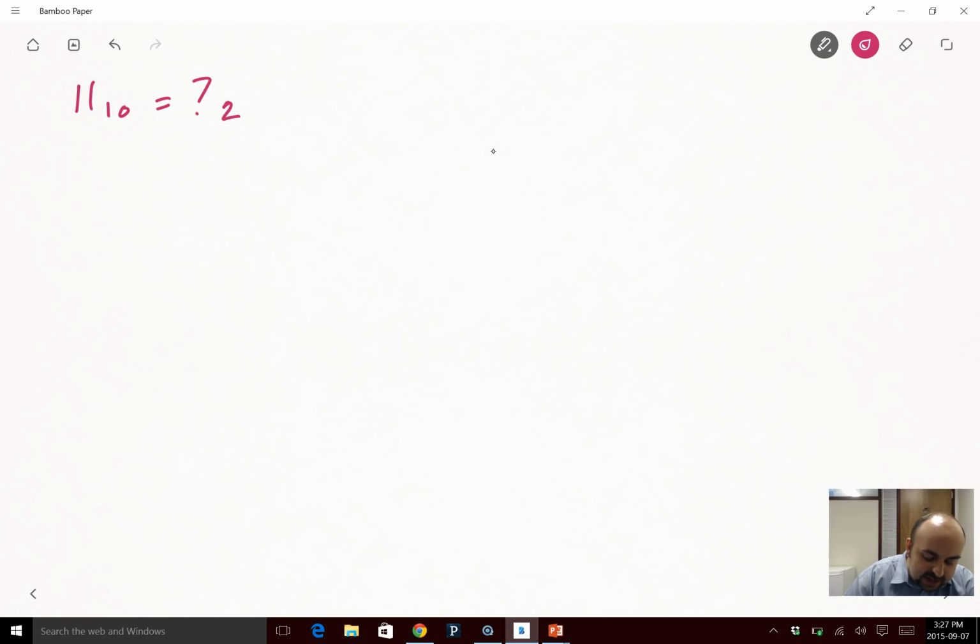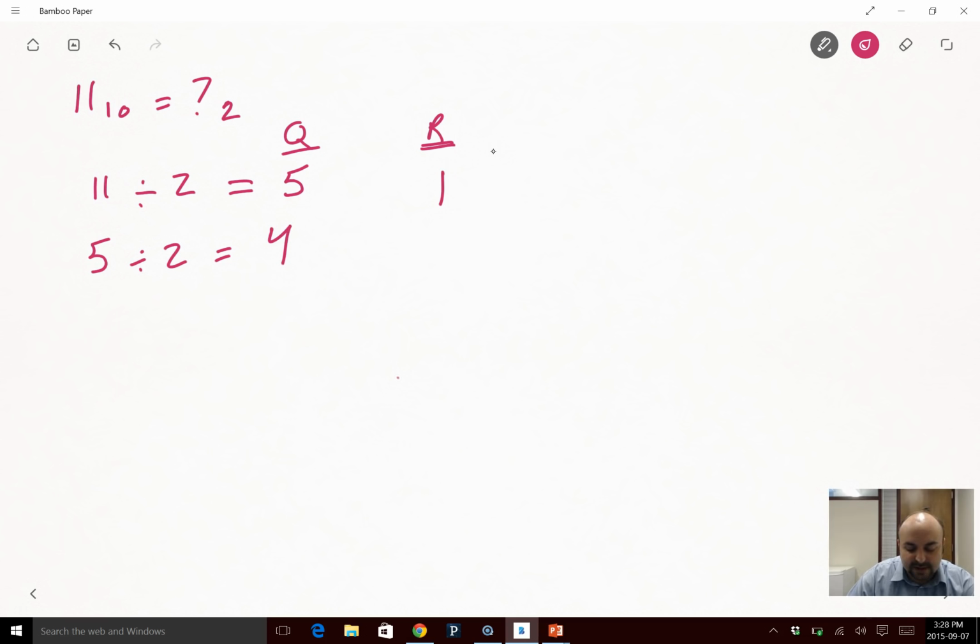So we're going to say 11 divided by 2. So you're going to have 5 and you're going to have 1 as remainder. So this is the remainder and this is the quotient. Then we're going to take the quotient and say 5 divided by 2.